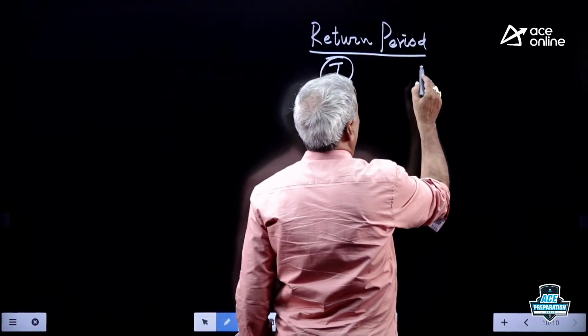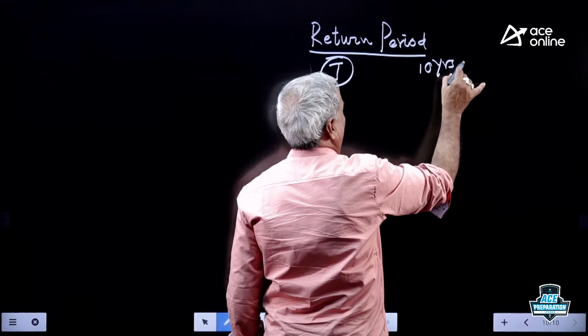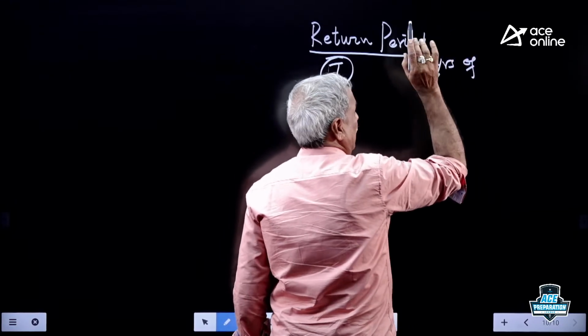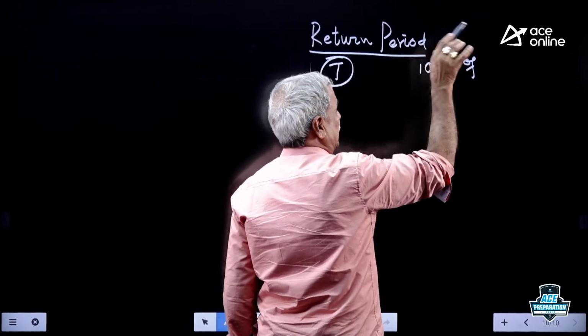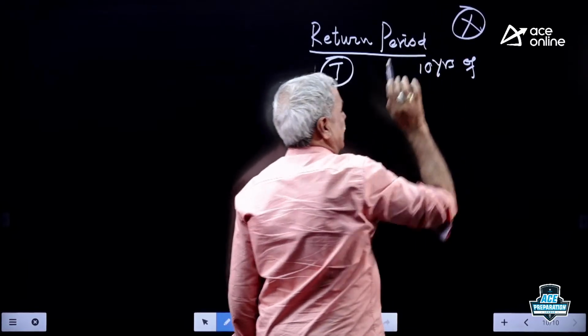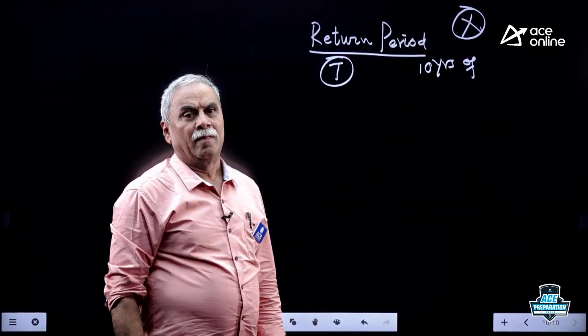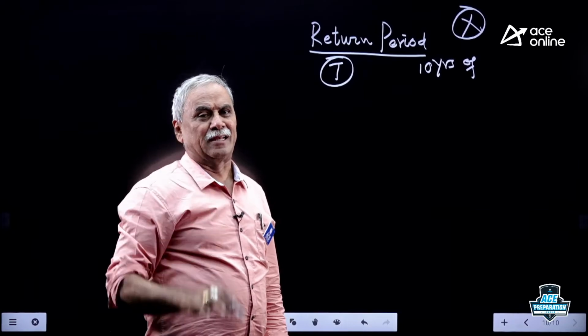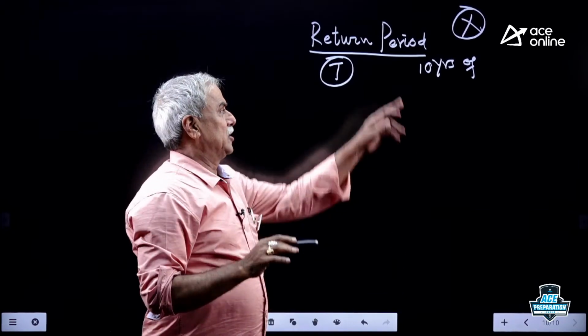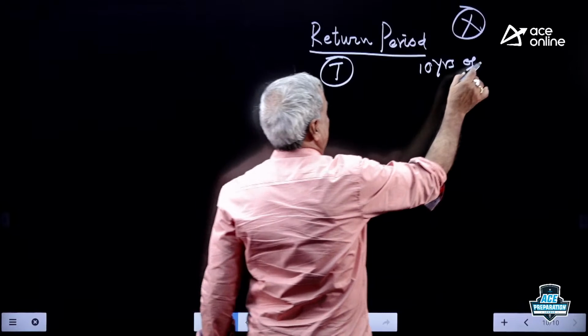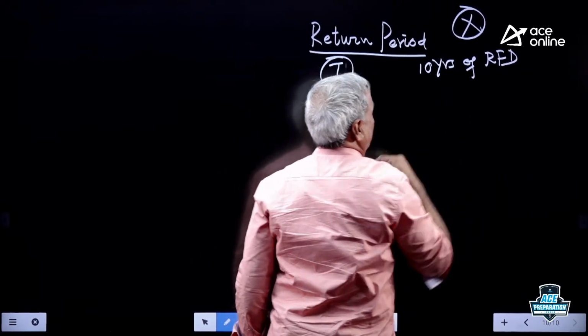Say 10 years of rainfall data is available for a particular rain gauge station X, say station X in Bengaluru. The rain gauge station X is taken as a reference, and 10 years of previous rainfall data is available from it.